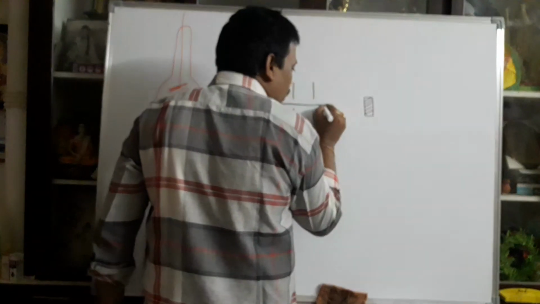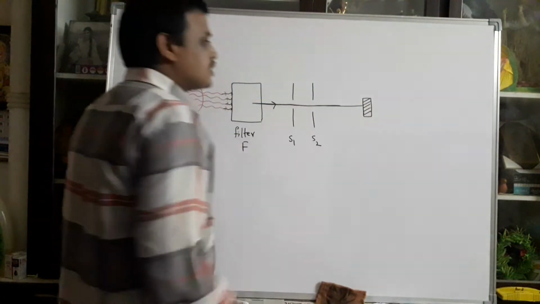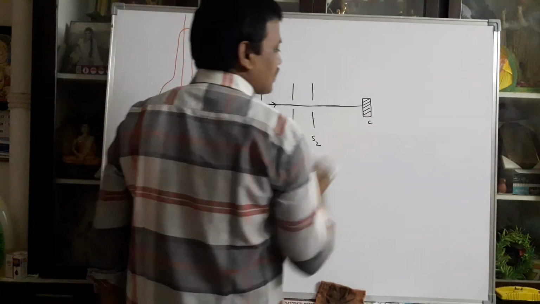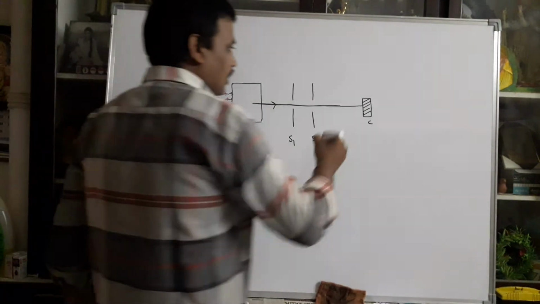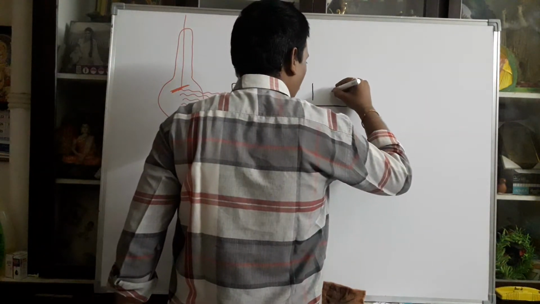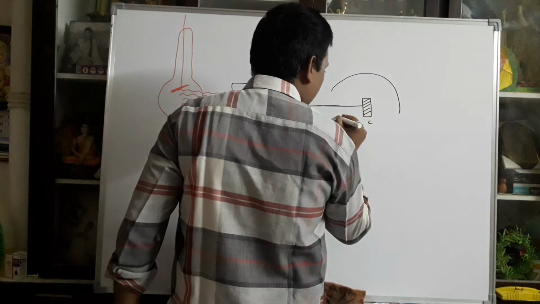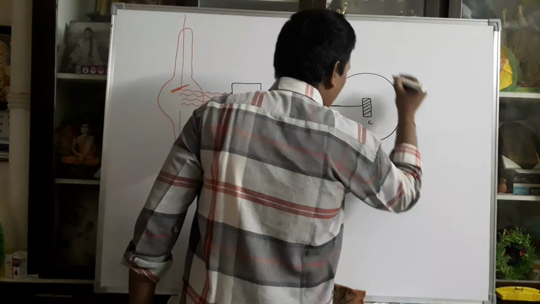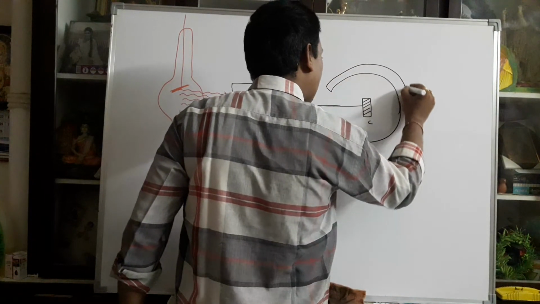So this monochromatic beam is incident on this crystal C. Around the crystal I am placing a circular scale camera.